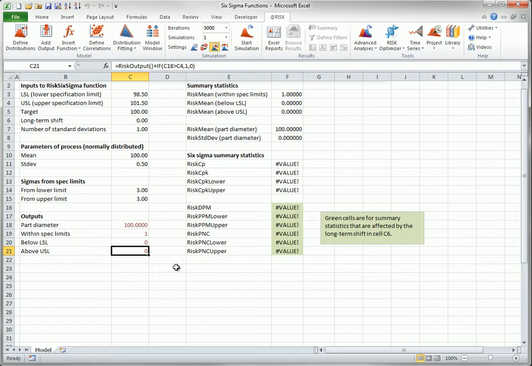The process with these particular parameters is called a 3 sigma process because the mean of the process is 3 standard deviations from each specification limit. These values are indicated in cells C14 and C15.